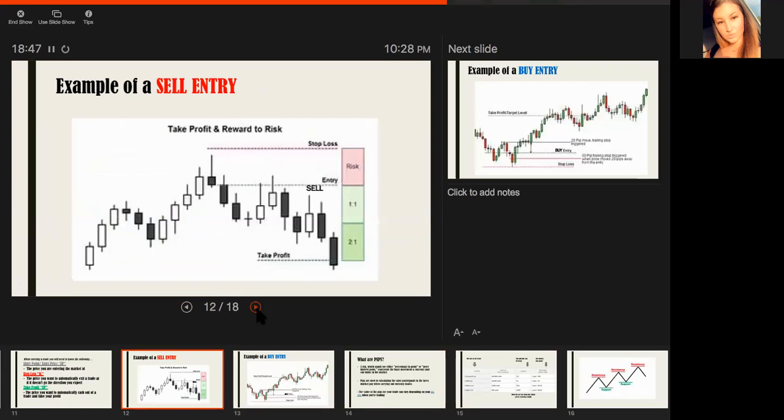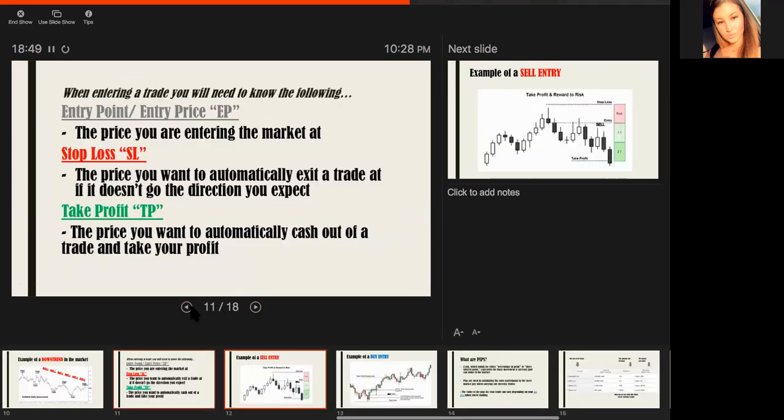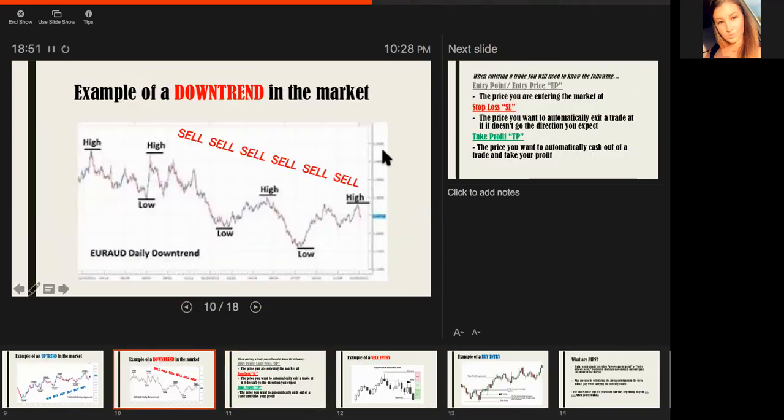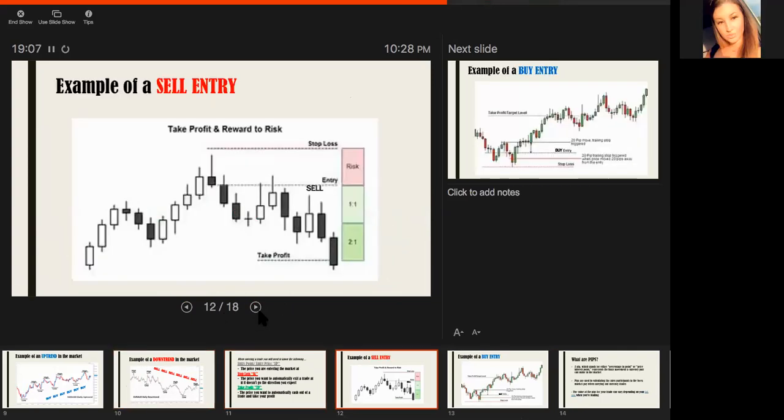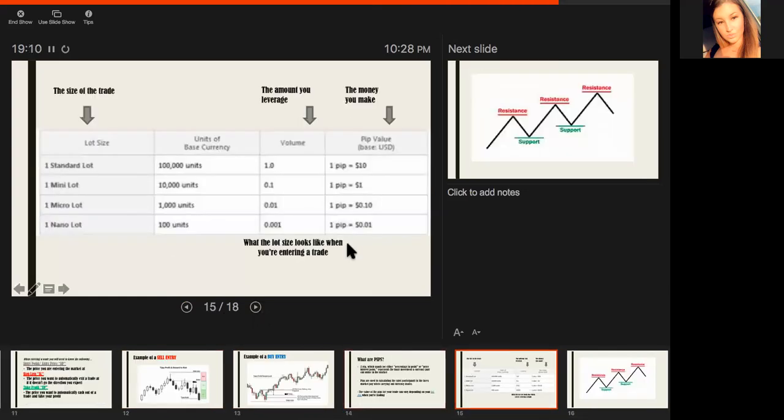So basically, let me go back real quick. Right here on these charts, whenever you see the charts, these numbers over here are the price in the market. So for every little number is going to be a pip. I'll show you guys a little more about that, but that's how we make our money, is how much price moves.